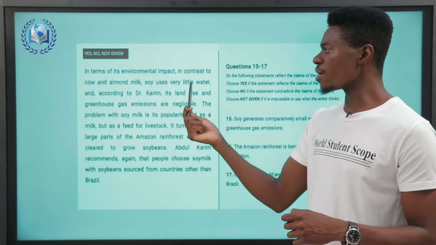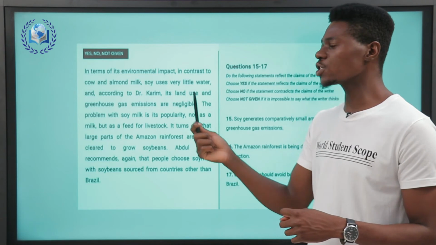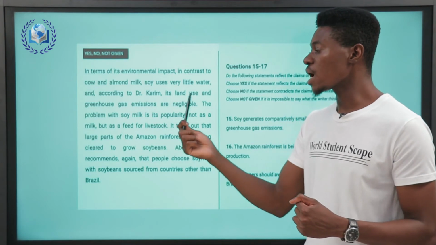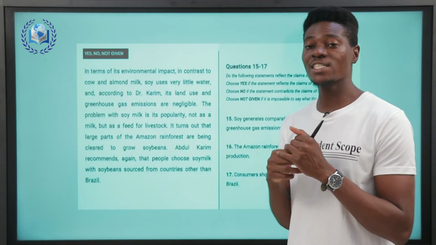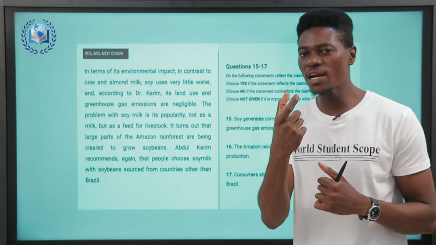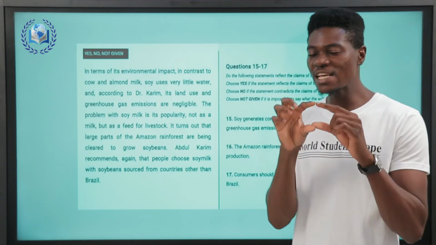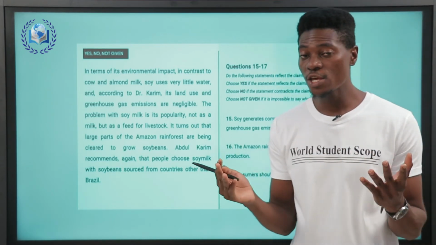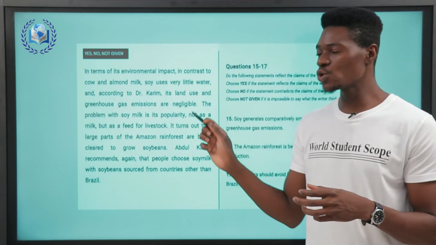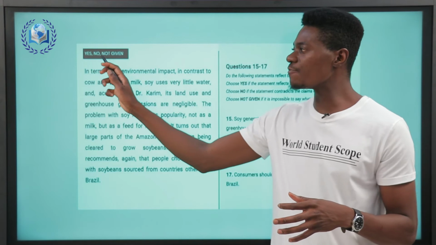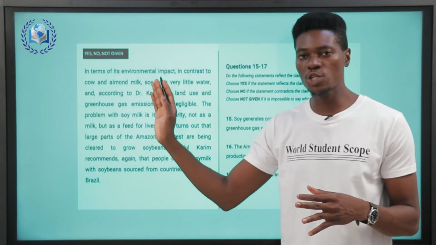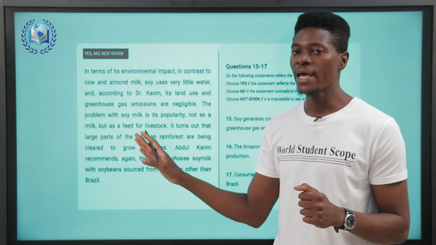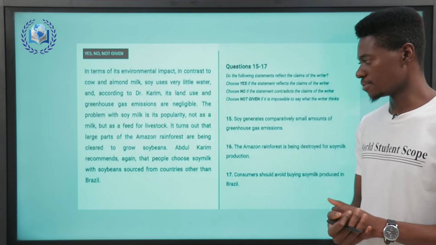Soy uses very little water, and according to Dr. Karim, its land use and greenhouse gas emission are negligible. When I say negligible, I mean a very, very small amount. That is negligible. And here we have comparatively small amount. So probably your answer will be true. But here we are only given the options yes, no, and not given. So you have to write yes, because we have found the information here, and the information correlates with the question.